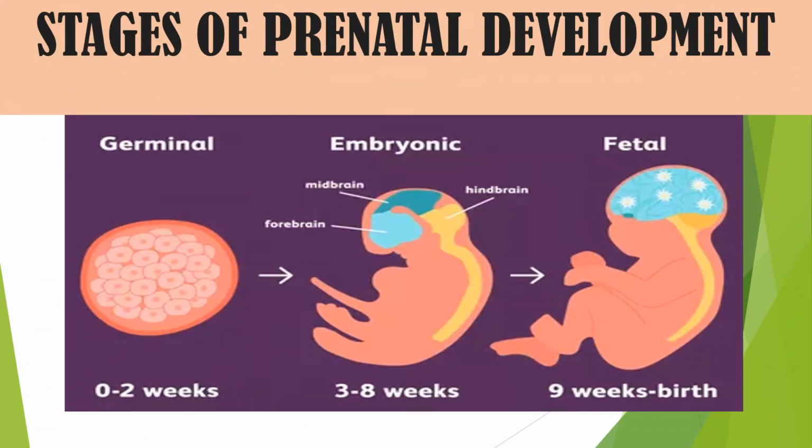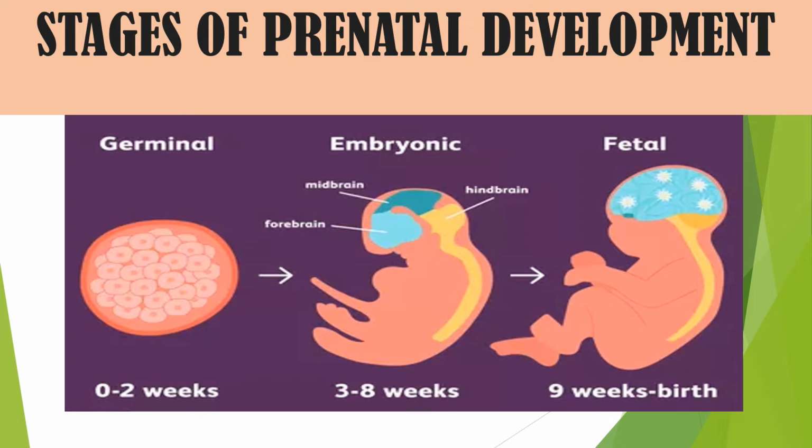The illustration shows the stages of prenatal development from germinal stage up to fetal stage. So under germinal stage from 0 to 2 weeks, embryonic 3 to 8 weeks, then fetal 9 weeks up to birth.